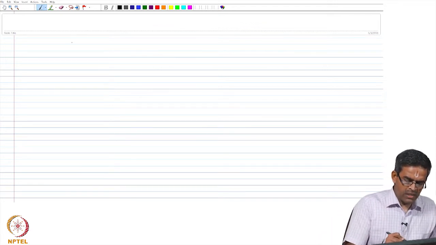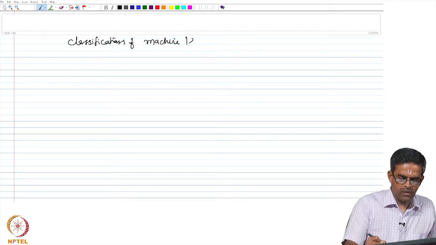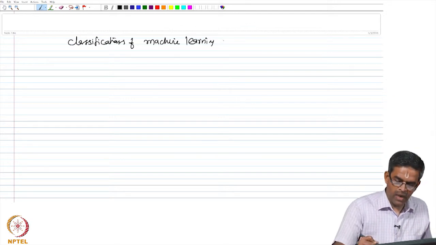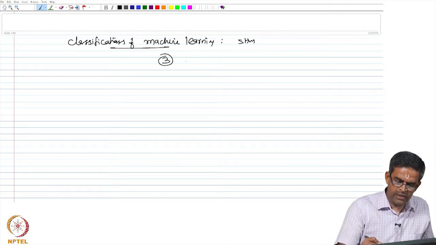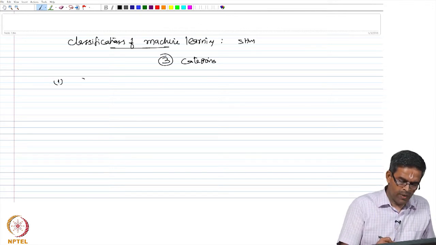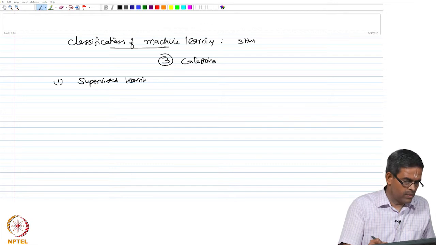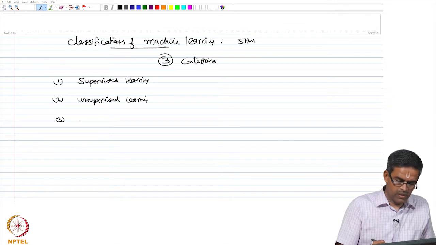There are many classifications of machine learning. As applicable to structural health monitoring, they can be broadly classified into 3 categories. 1. Supervised learning, 2. Unsupervised learning, and 3. Semi supervised learning.